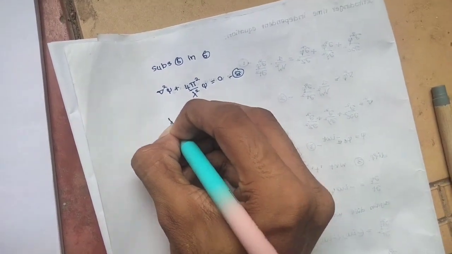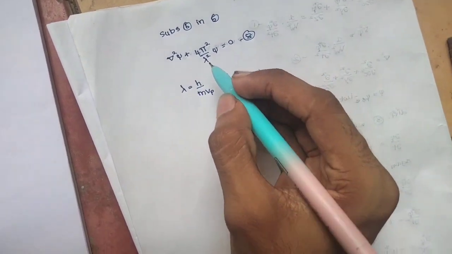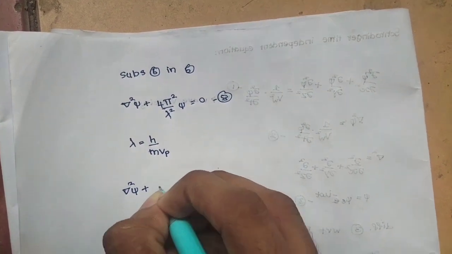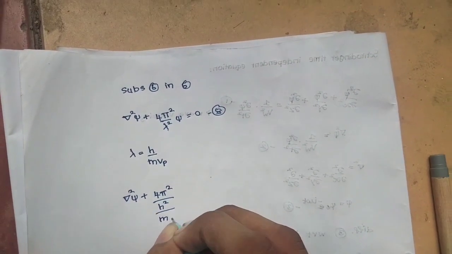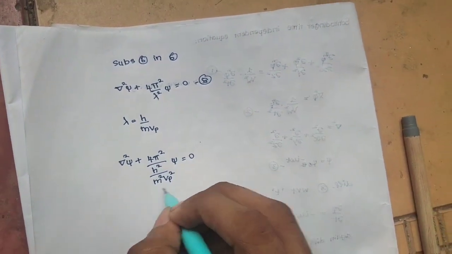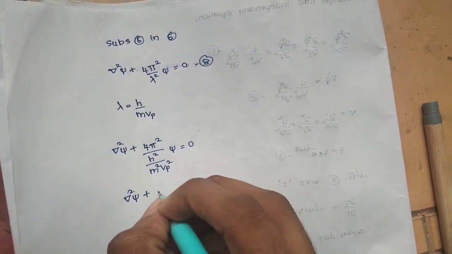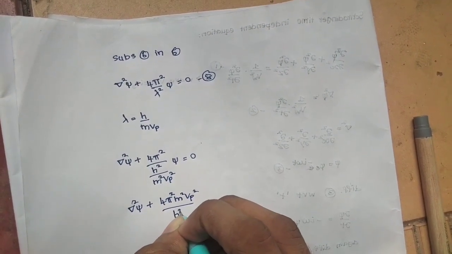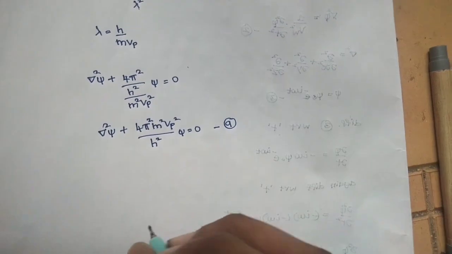And we know that lambda equal to h by m vp. So substituting in this, del square psi plus 4 pi square, this will become h square by m square vp square into psi equal to 0. Move this denominator to numerator. It becomes del square psi plus 4 pi square m square vp square by h square psi equal to 0. Let's name this as equation 9.